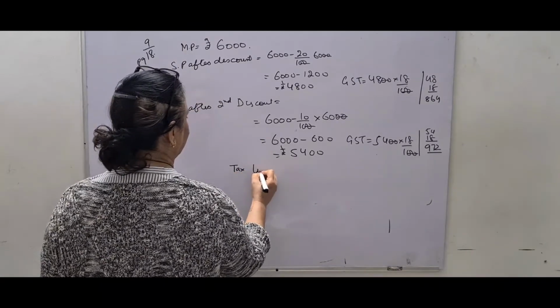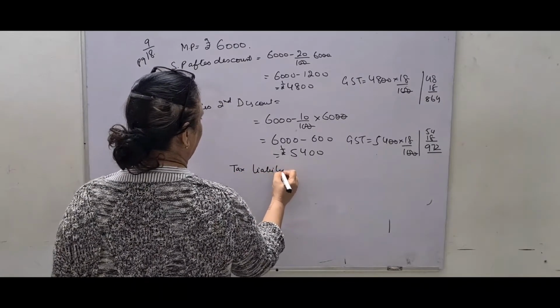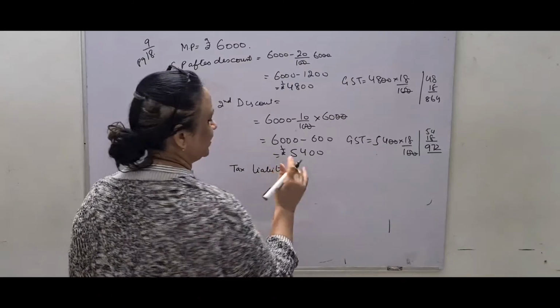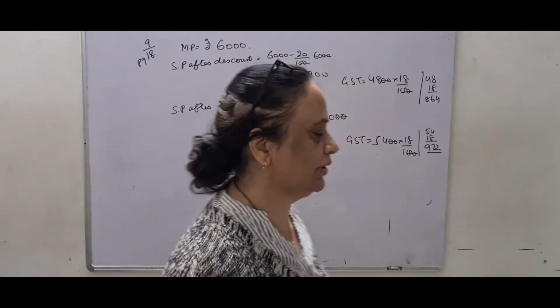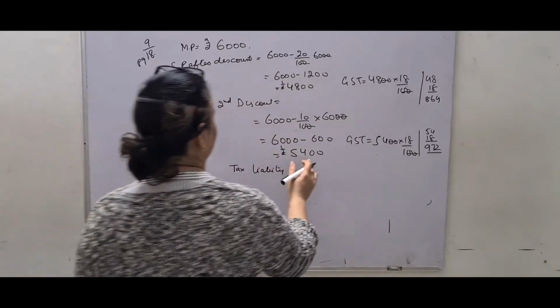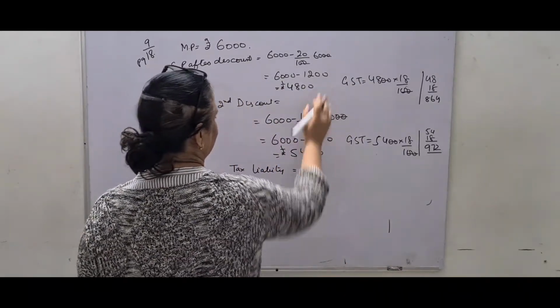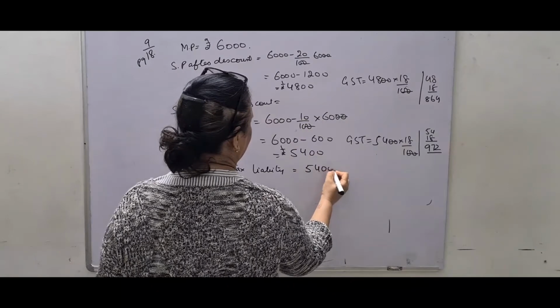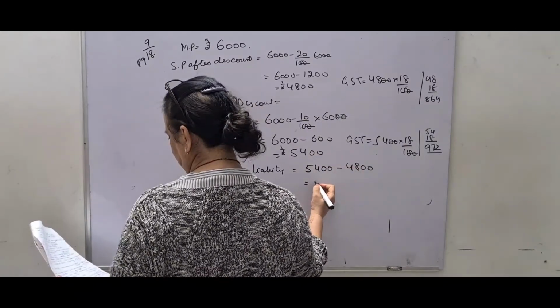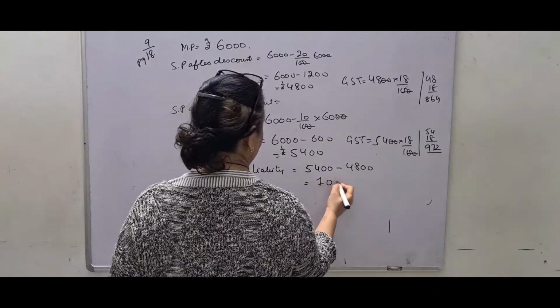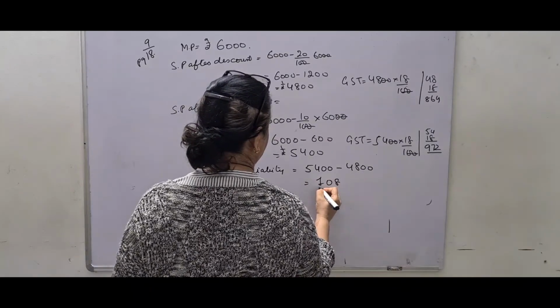You can write tax liability also, but tax paid by the dealer. The first was the wholesaler, the second was the dealer, and the third was the customer. The second stage minus the first, in simple words 5400 minus 4800, is the tax liability or the GST to be paid. This is 108.